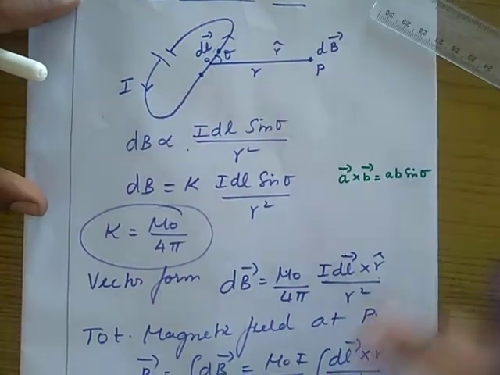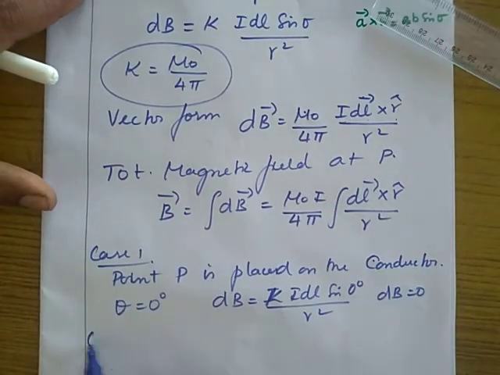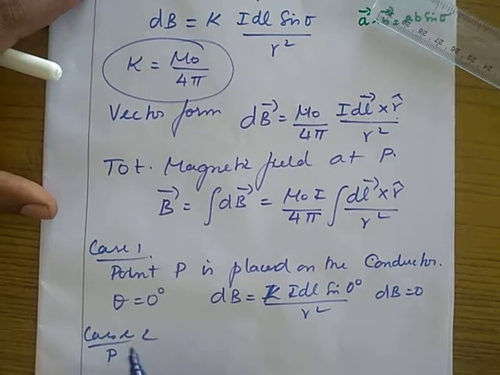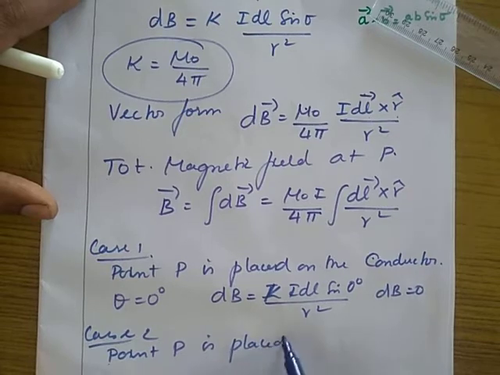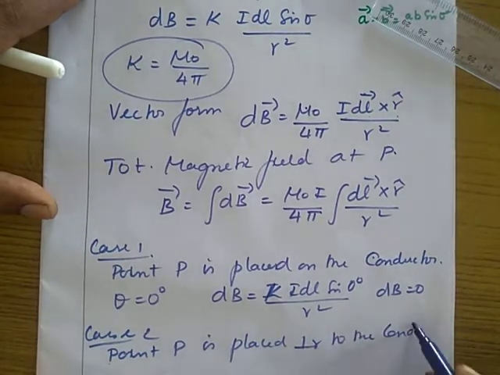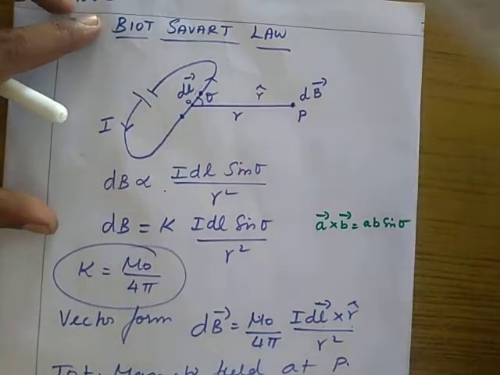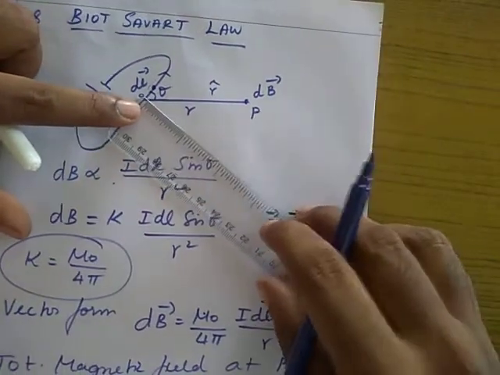Case 2: suppose the point P is placed perpendicular to the conductor. Perpendicular means 90 degree. Here this is a perpendicular point.